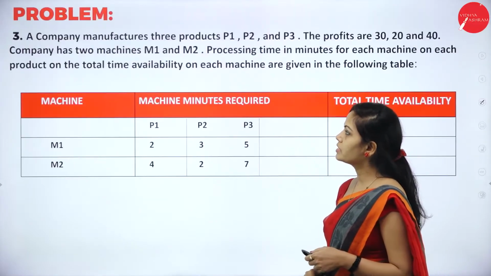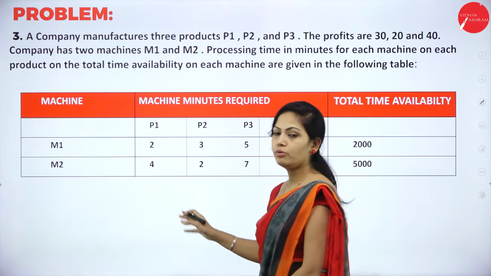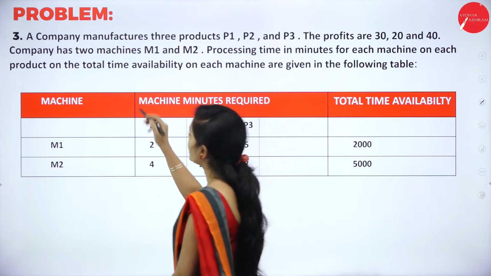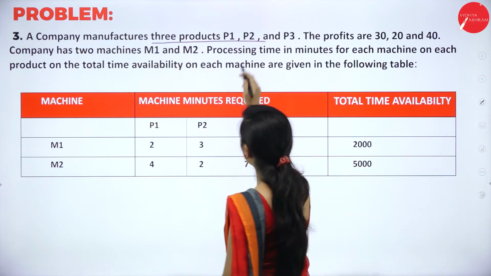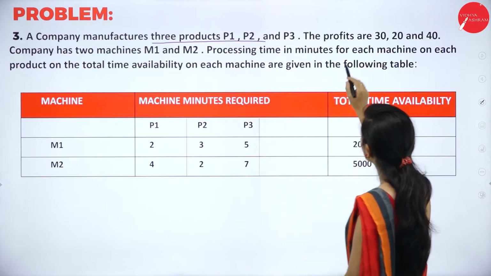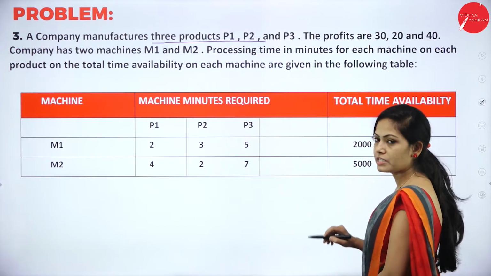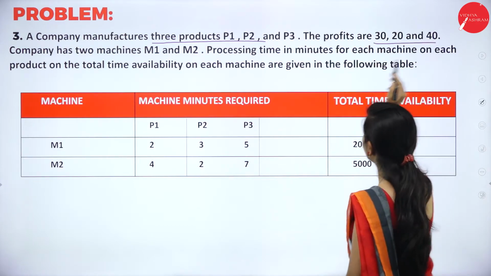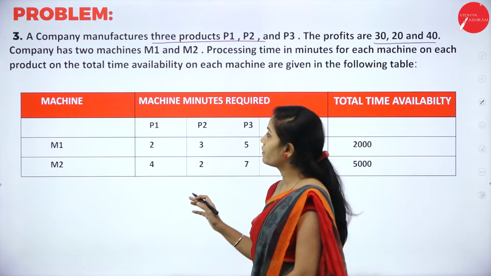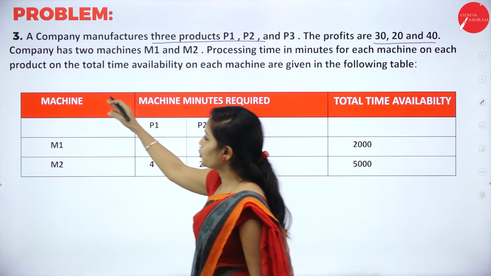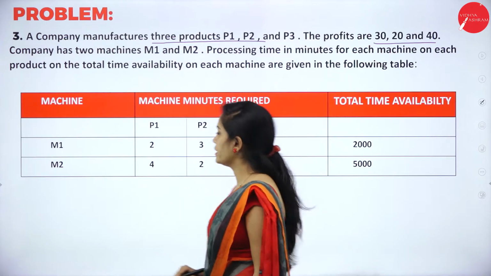And the next problem is, here we have a table, so easily we can construct the LP model. A company manufactures 3 products, P1, P2 and P3, and we have 2 machines, M1 and M2.